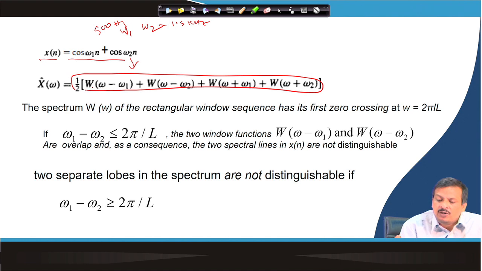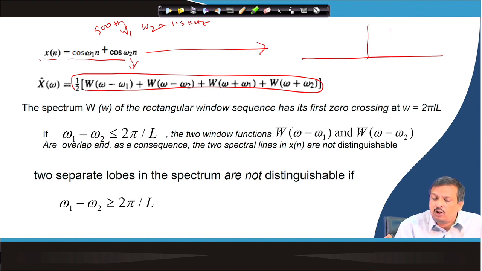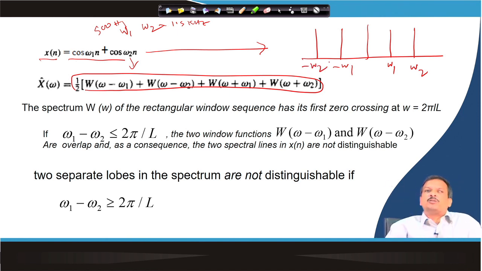The ideal frequency response or spectrum of this signal is that there will be a peak at omega 1, a peak at omega 2 on this side, a peak at minus omega 1, and a peak at minus omega 2. That should be the ideal response. But since I am multiplying by the window, the window response will be convolved here.